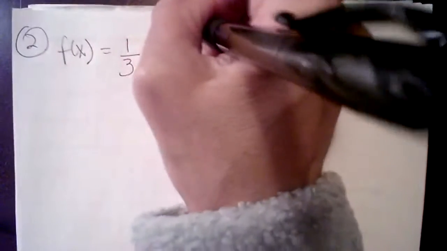Let me give you another one. Number 2 says f of x equals 1/3 times x minus 4 squared minus 3.